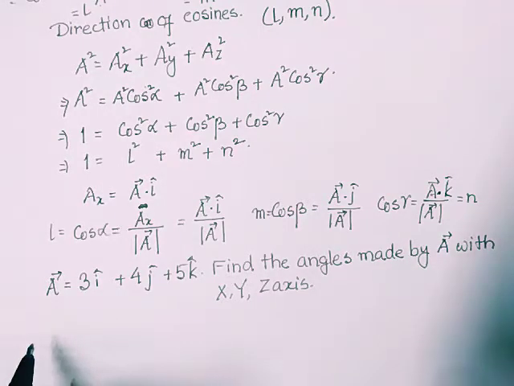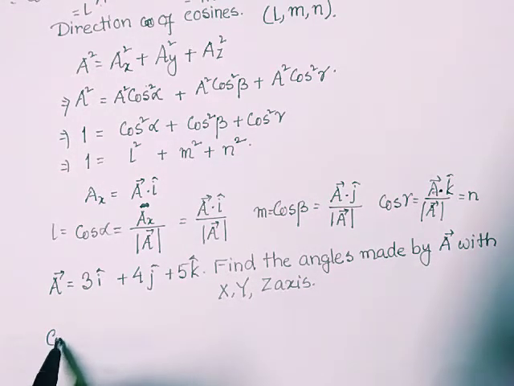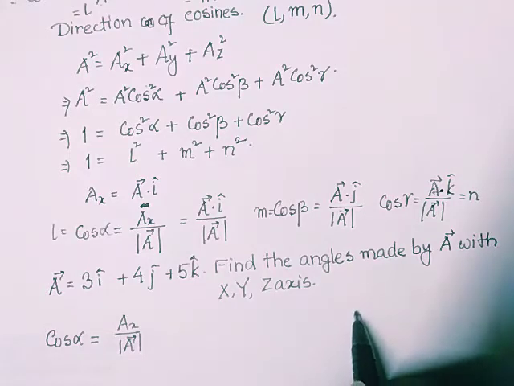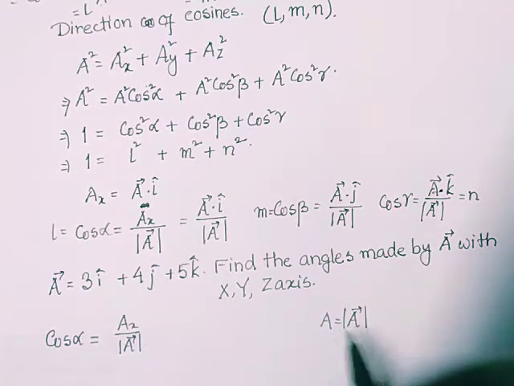So cos alpha, what is cos alpha? Cos alpha basically denotes the angle made by the vector with the x axis. So it will be ax divided by magnitude of a. So for that we have to find out the magnitude of a, or simply a.